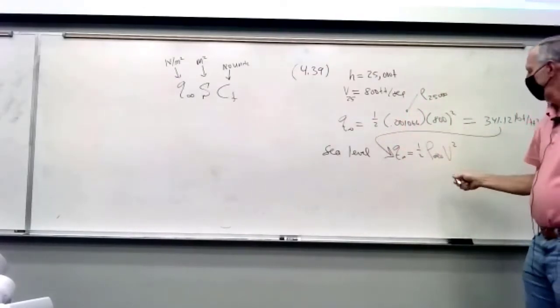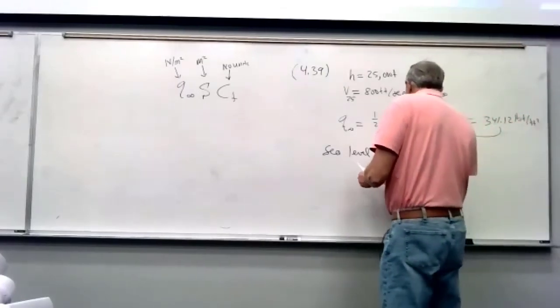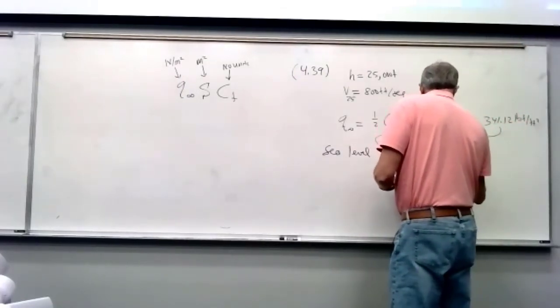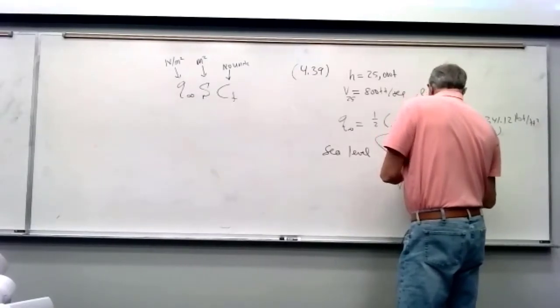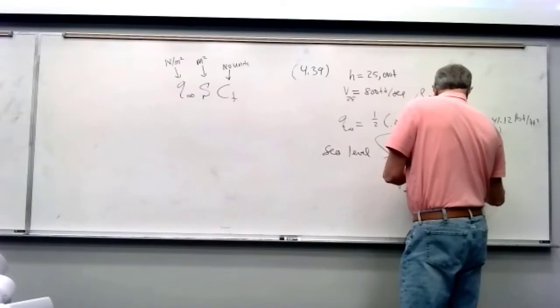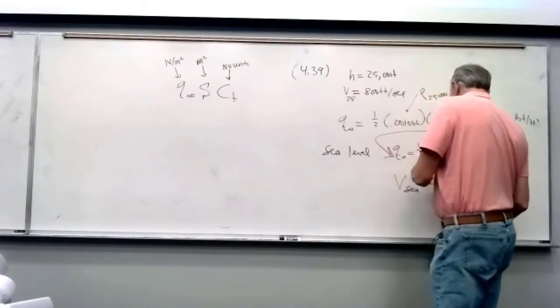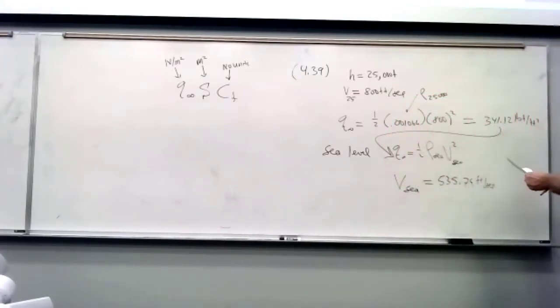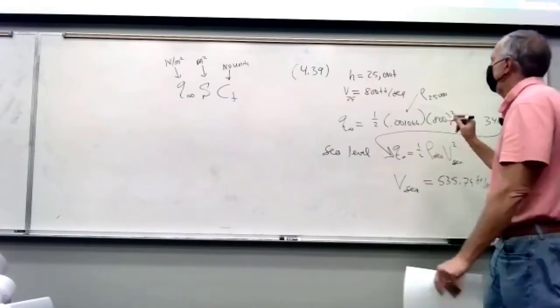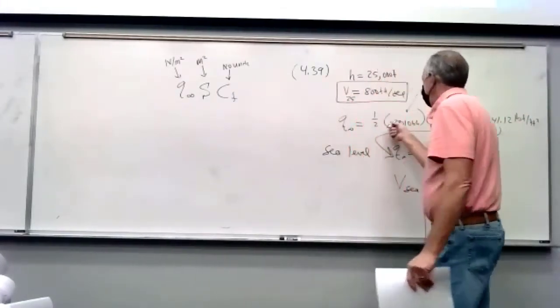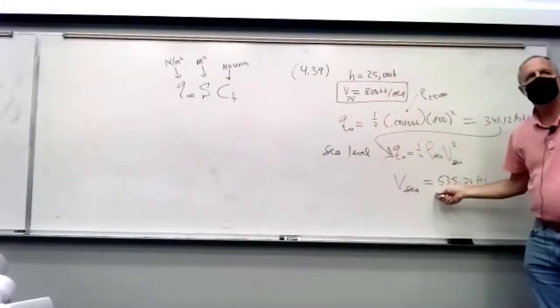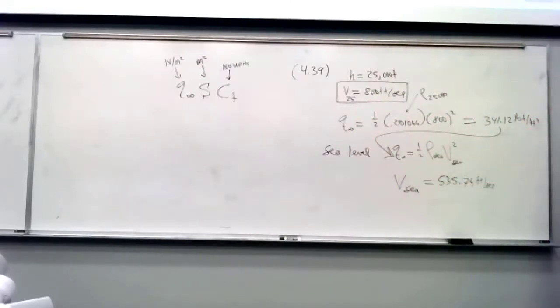So you look at the density at sea level and you find out that the velocity at sea level that would give you that same dynamic pressure is 535. So what they're illustrating is that if you're at altitude, you can fly faster and you get the same dynamic pressure as a slower flight at sea level.